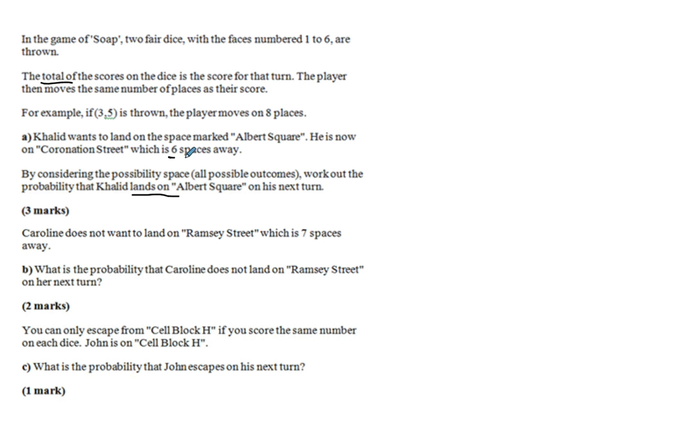Okay, so 6 spaces away. If there's 6 numbers on one dice and 6 on the other dice, you've got 36 possible outcomes, because you've got 6 that way and 6 that way. So let's think of the various combinations which he could get 6.